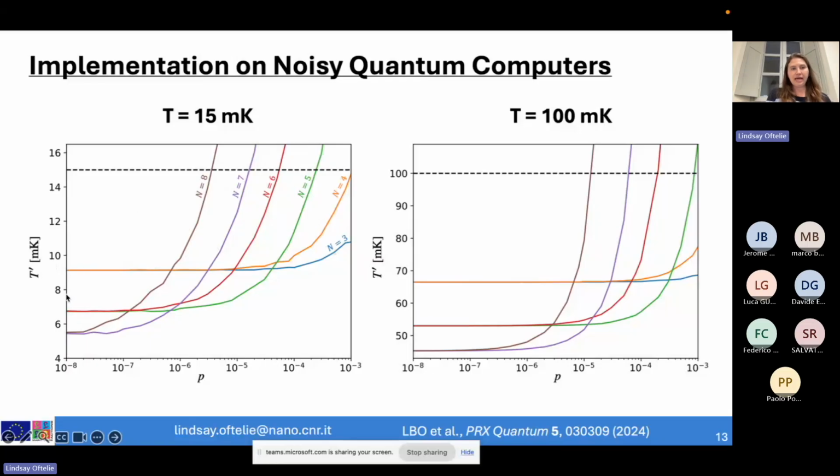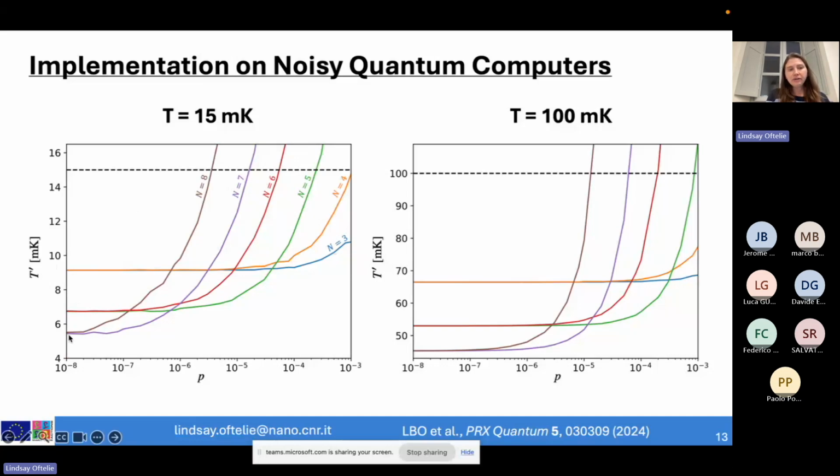As you increase n, you get increased cooling. Using 3 or 4 qubits results in the same amount of cooling. 5 and 6 qubits result in the same amount of cooling, 7 and 8, etc. Right? We said that if we just go to an even number of qubits, that will be the same amount of cooling as 1 and lower.